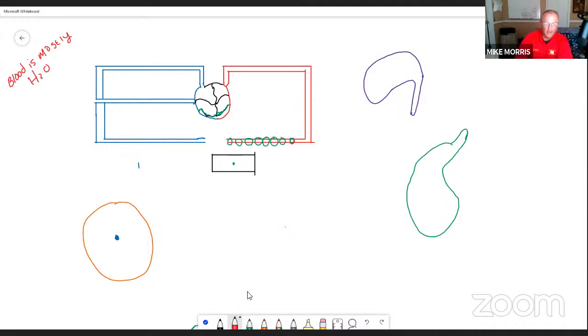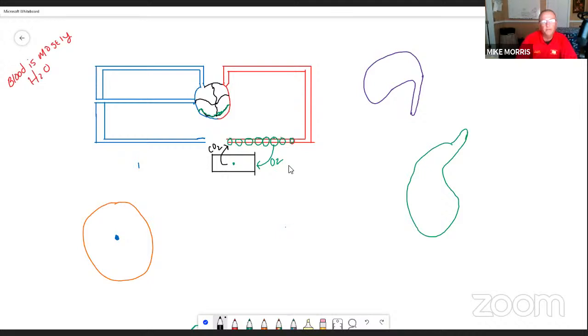And we know that we're going to want to give up O2 here to the cell. But we also know that the cell needs to get rid of CO2. And we understand that as part of diffusion.